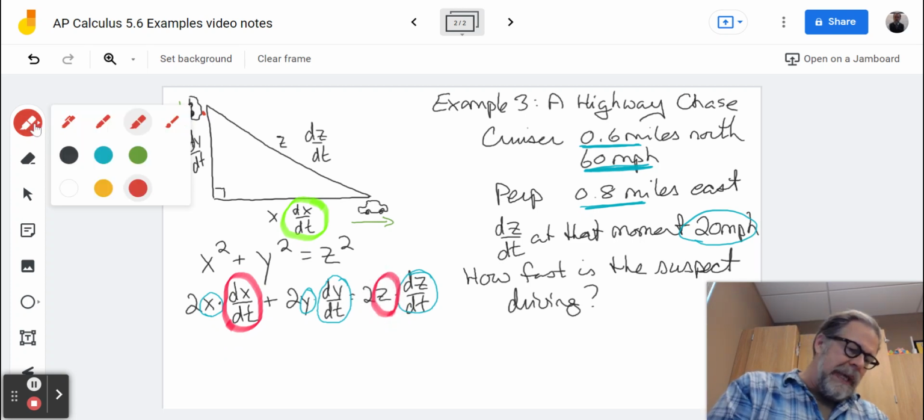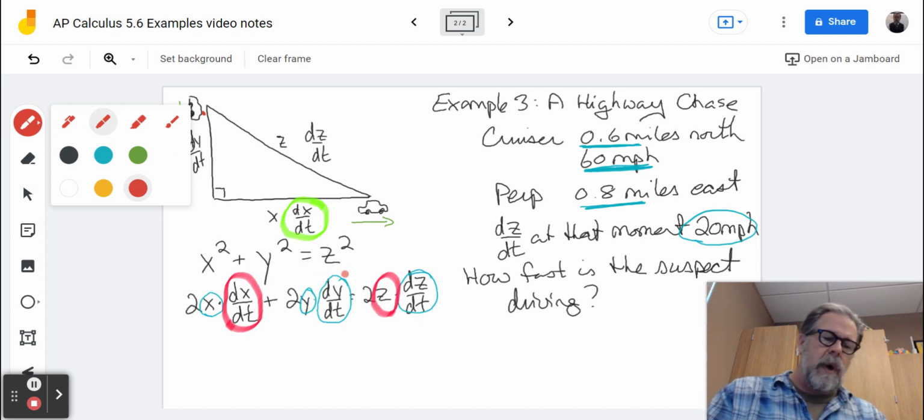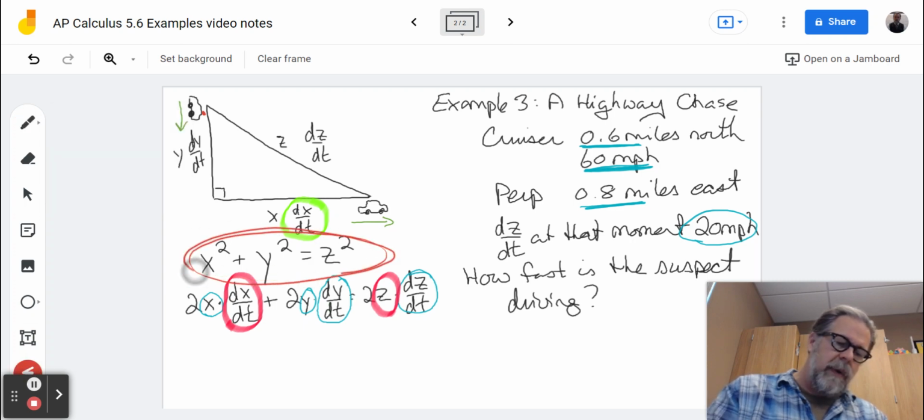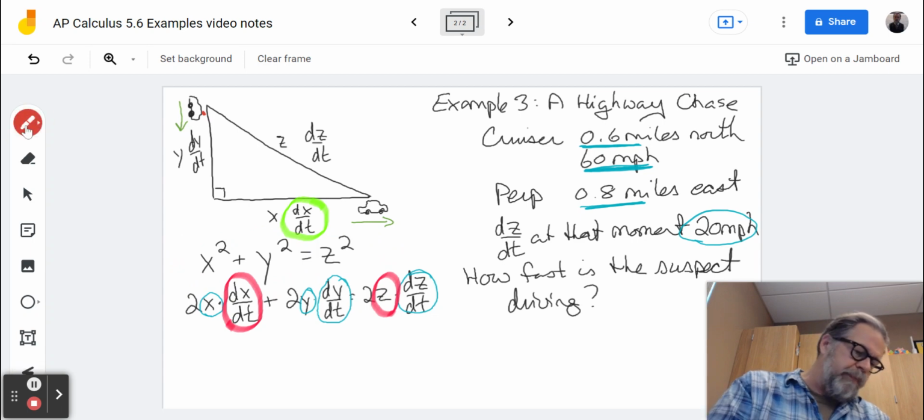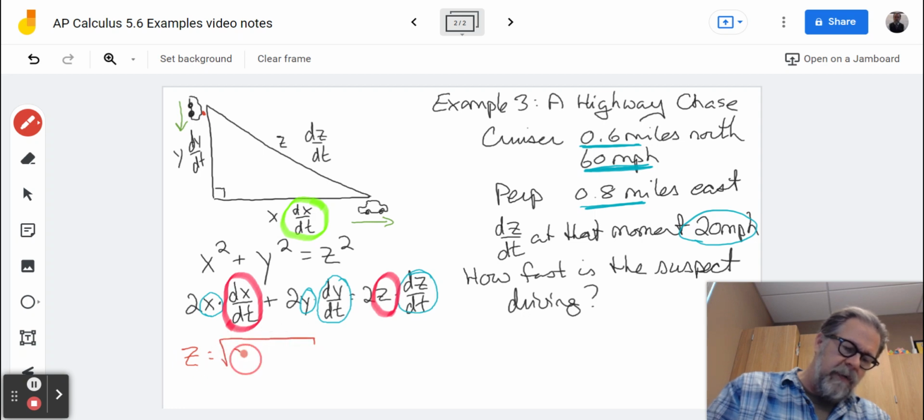Now, let's pause and think about this for just a second. Wait, if I know x and y, then I know z because I have a relationship here. z is equal to the square root of x squared plus y squared. x is 0.8, y is 0.6. 0.8 squared is 0.64.